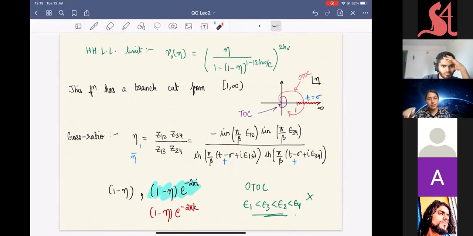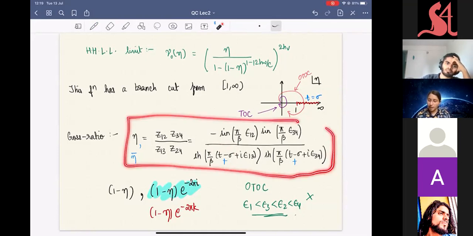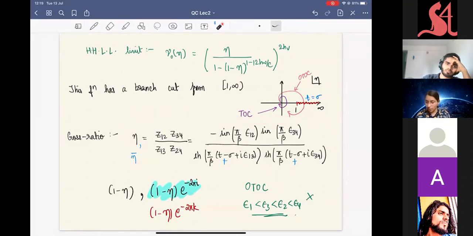So that's the evolution in time of this cross ratio. You can just feed this in Mathematica, put in this ordering of the epsilons, and you can see this happening. It's an exercise to do.